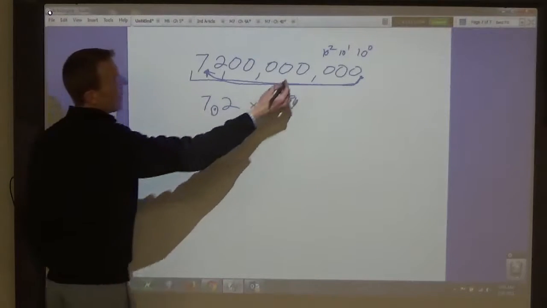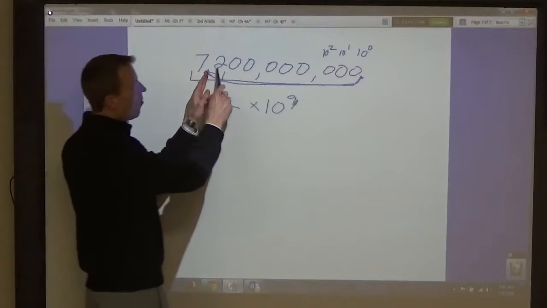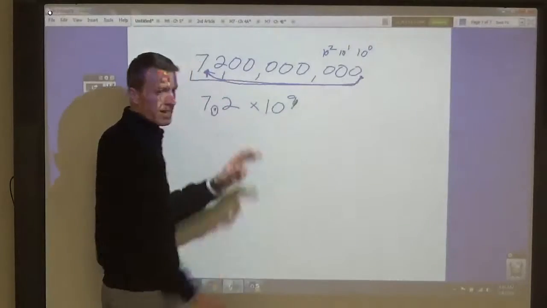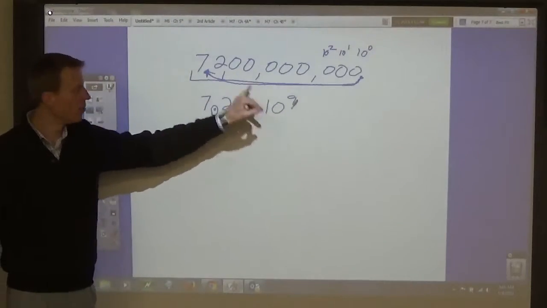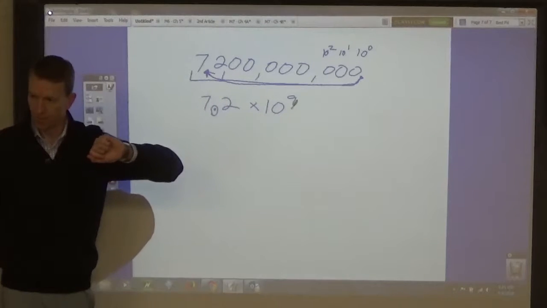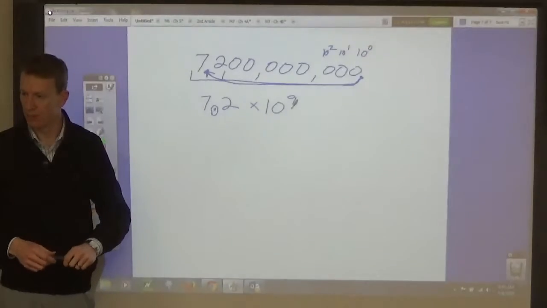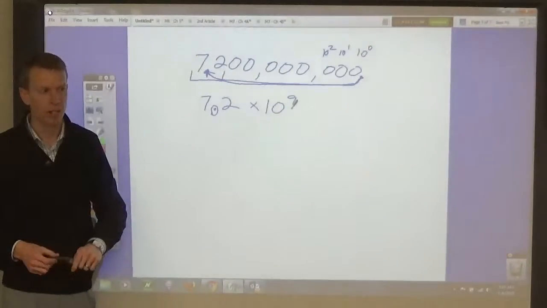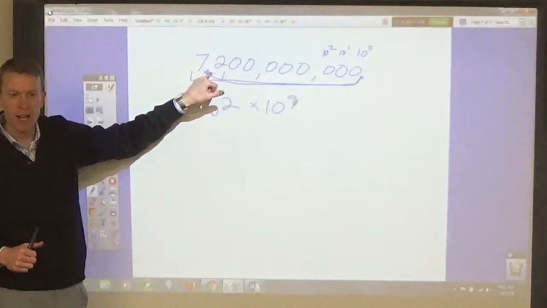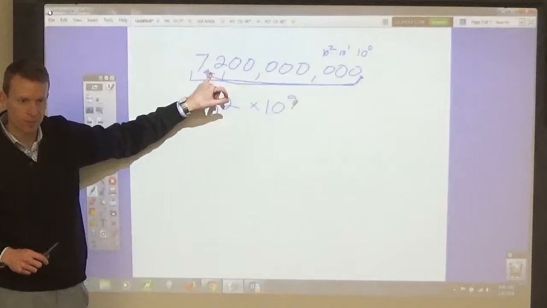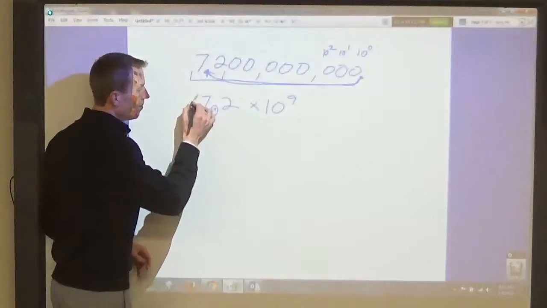So wherever you're putting the decimal point in the actual number, that determines how many places the decimal needs to move in order to multiply this to get to the original number. That is the power of 10 that you would use. Okay? And you always put the decimal point after the first non-zero digit. So after the 7.